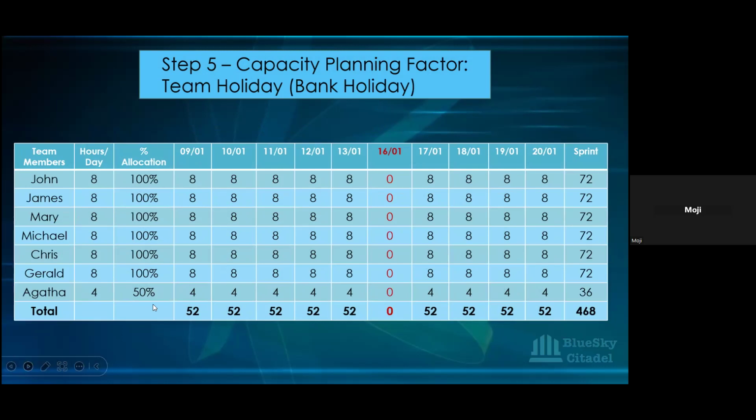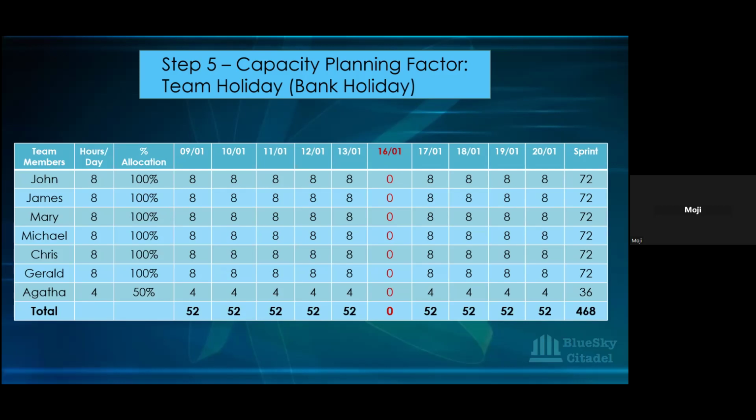Moving on from that, we come here. So during this particular sprint, there is a bank holiday on the 16th of January for the team. Since it's a bank holiday, it's affecting all team members. And you can see for that 16th, we've removed all the 8s and put 0, 0, 0, 0 there because nobody's working on that day. So there's no productivity on that day. Okay.